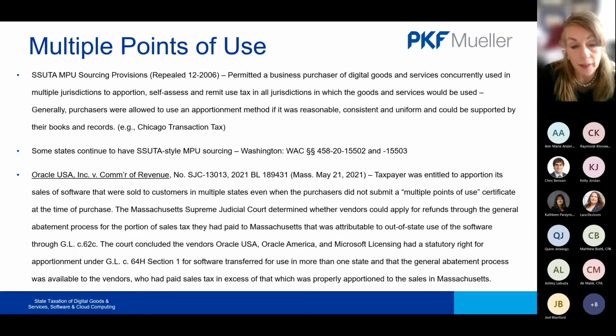The issue was, could the taxpayer, the seller, still source in accordance with those multiple points of use? And the Supreme Judicial Court in Massachusetts said they could. So basically, if they'd overpaid in Massachusetts and underpaid in other states, they could use the Massachusetts abatement process to get refunds, and that was a viable method for determining if they had refunds due and pursuing them.